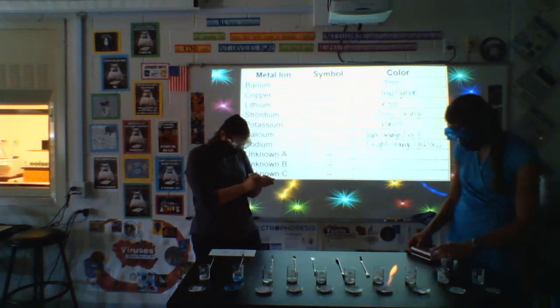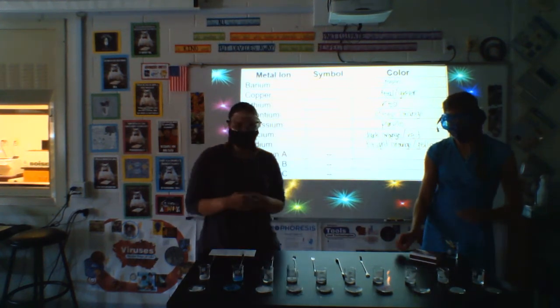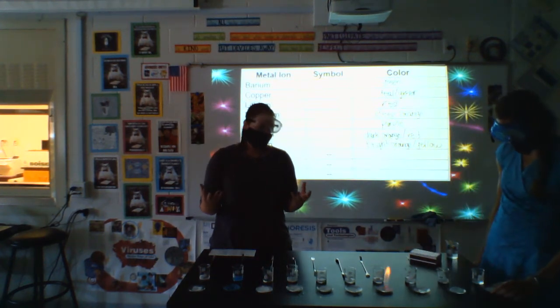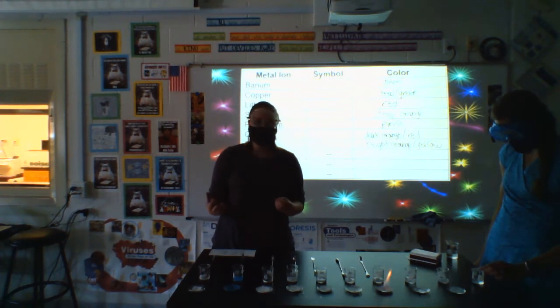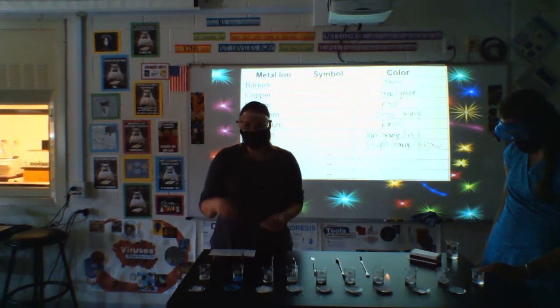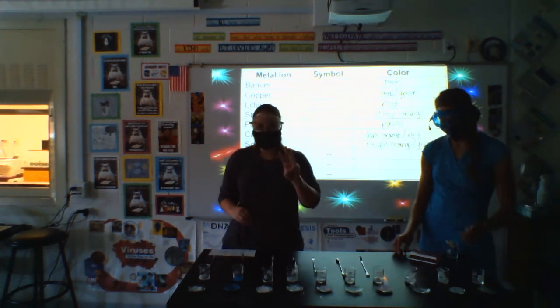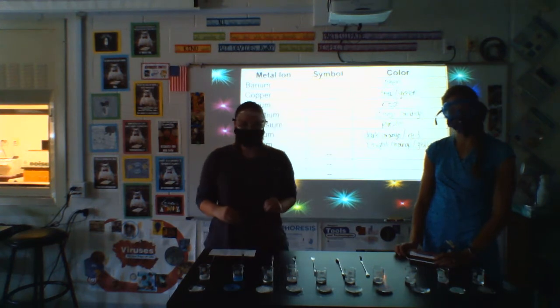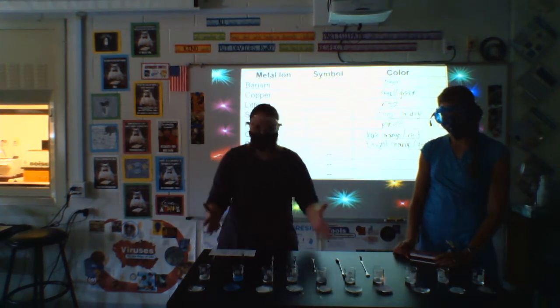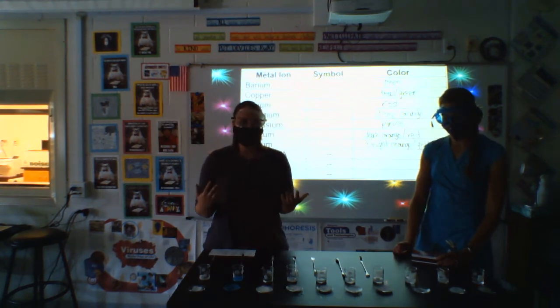All right. So now what we're going to do is we're going to let you see what you know about these different elements based on which colors, wavelengths they're giving off as their electrons move from that excited state back down to the ground state. We have 3 unknown elements, and you're going to use your knowledge from what you've just seen in this flame test to identify those unknown substances.